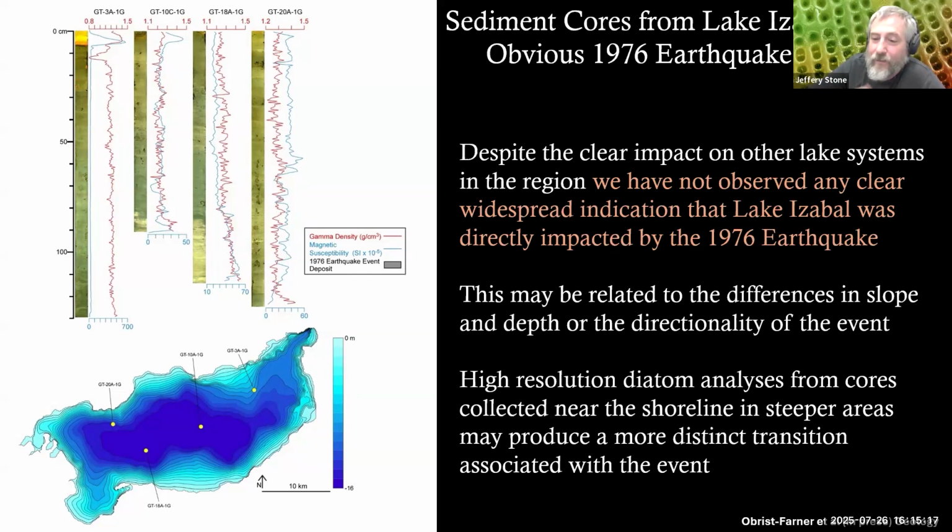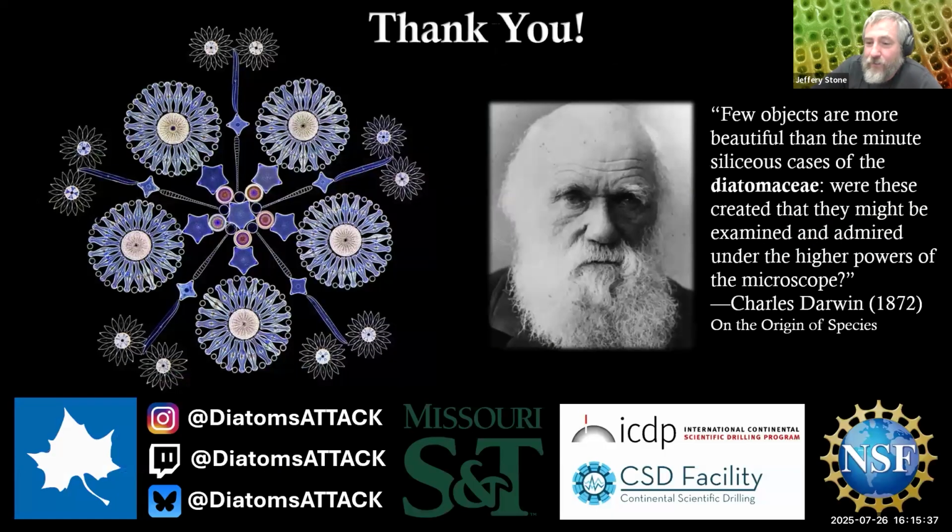So it's kind of a neat way of looking at it, but we're also exploring how the diatoms are affected by it. And again, we can use these very long records that we've collected from all of these lakes to reconstruct past earthquake events prior to the 1976 one, if we can use it as a model for what we've observed.